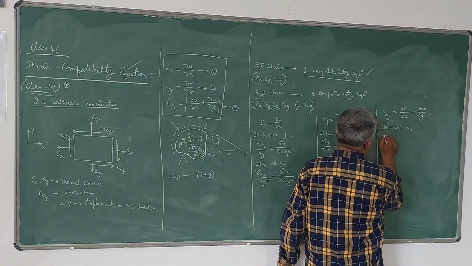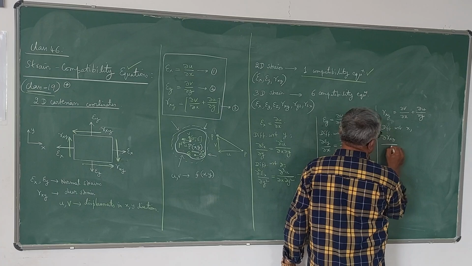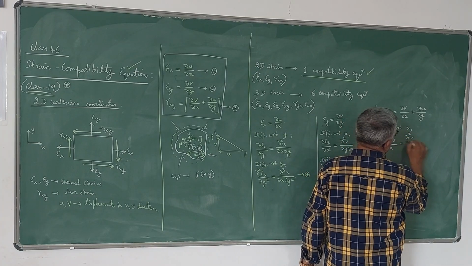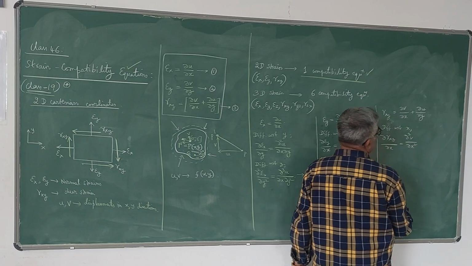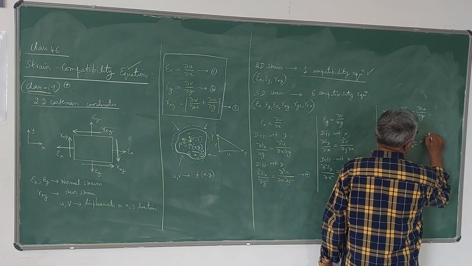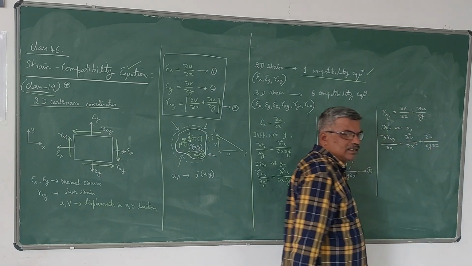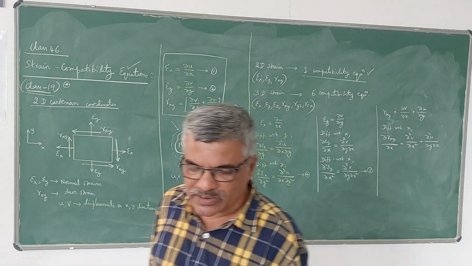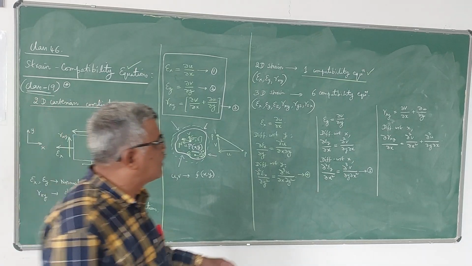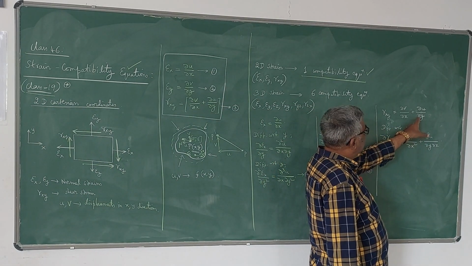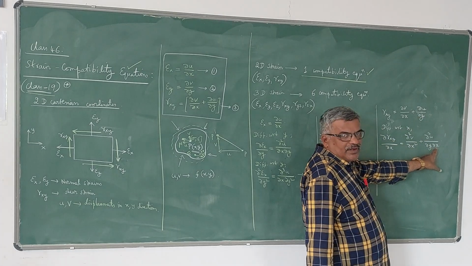What comes? ∂γxy/∂x is equal to ∂²v/∂x² plus ∂²u/∂y∂x. Correct? With respect to x, here already x is there, so one more x will come. Here y is there, so x will be taken.